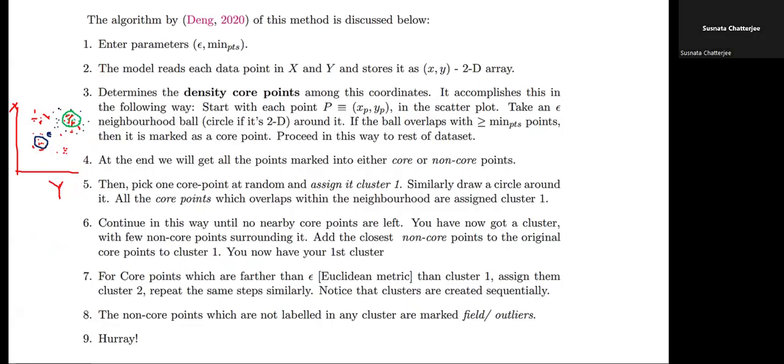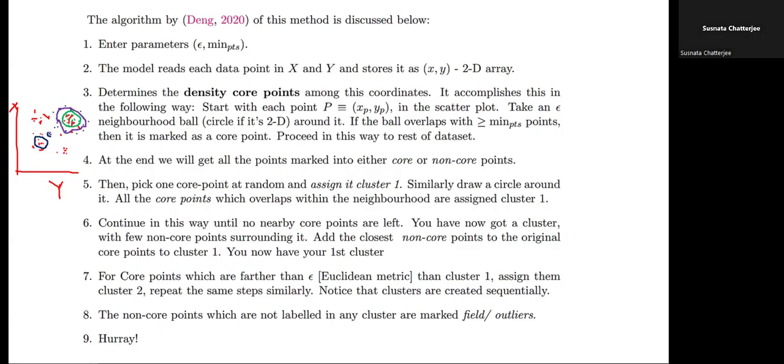These were not marked as core points earlier. What we do next is take in all the nearby core points, only the first nearby ones, into the cluster and exclude the rest. We have now got our first cluster.